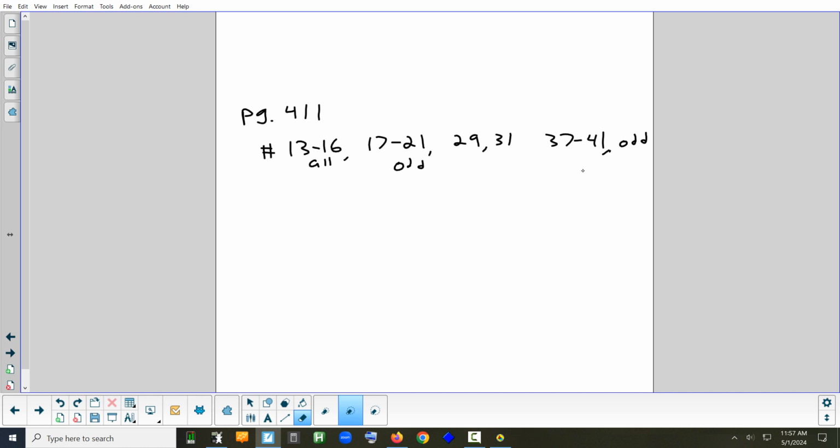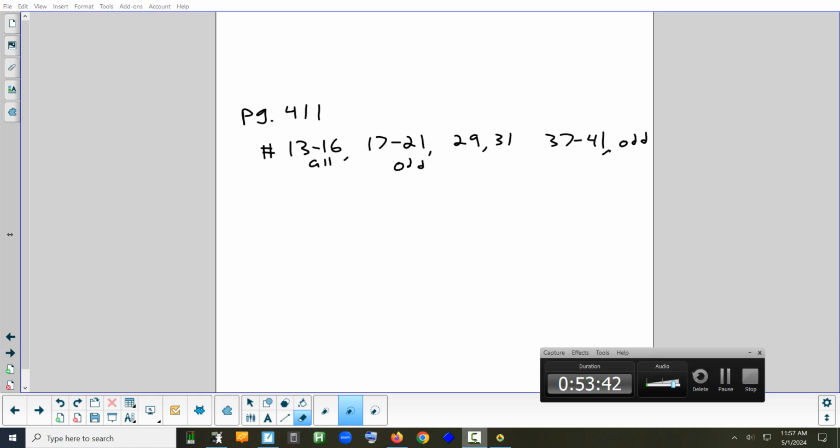So that's homework for tonight. So 13 to 16 all, and then the rest is odd. It's 17 to 21 odd, 29, 31, 37 to 41 odd. And that finishes up Conic sections.